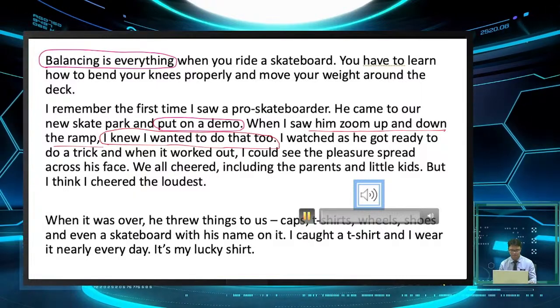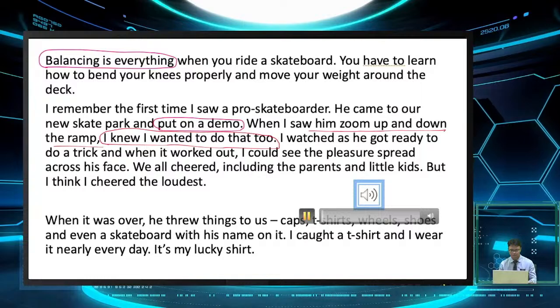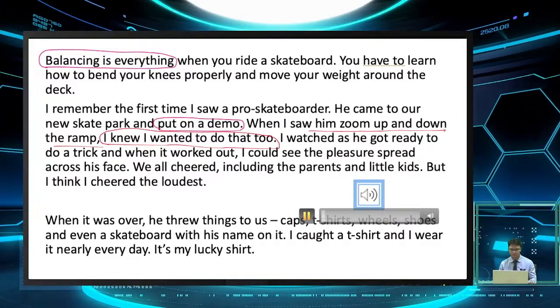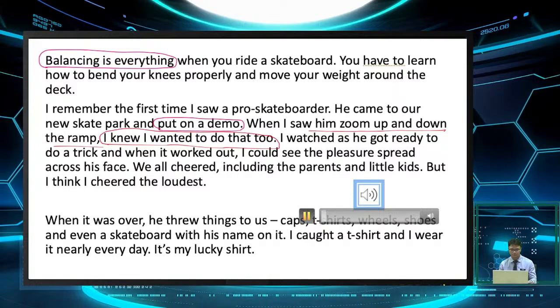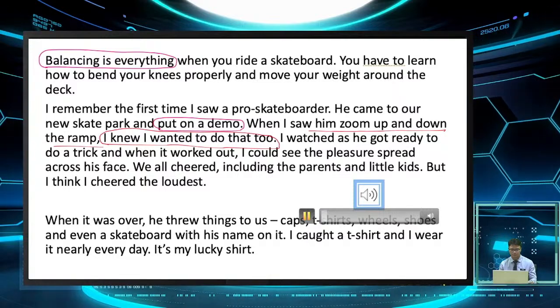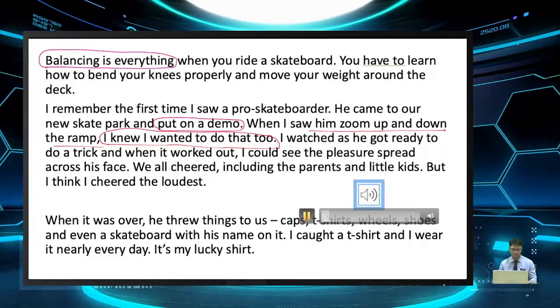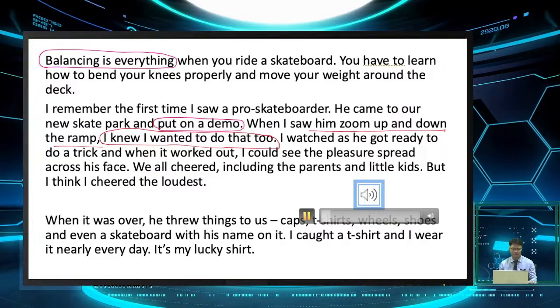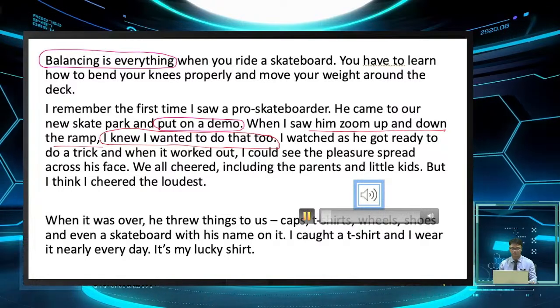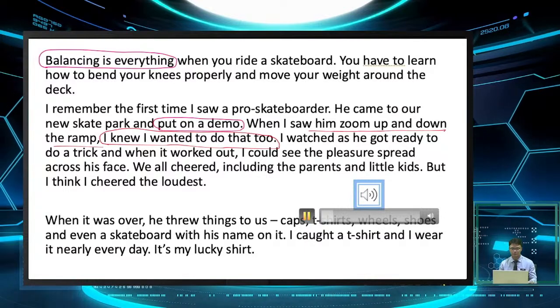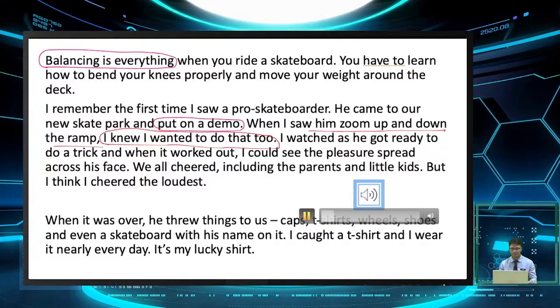You will hear Roy talking about his skateboarding experience. Choose the correct answer, A, B, or C. You now have 1 minute to look at part 2. Balancing is everything when you ride a skateboard. You have to learn how to bend your knees properly and move your weight around the deck.